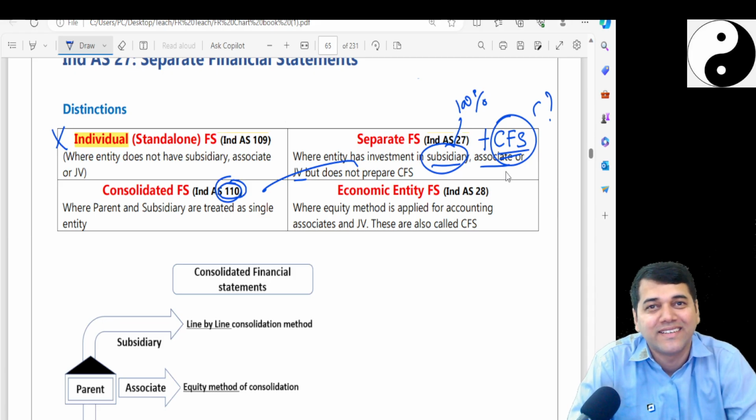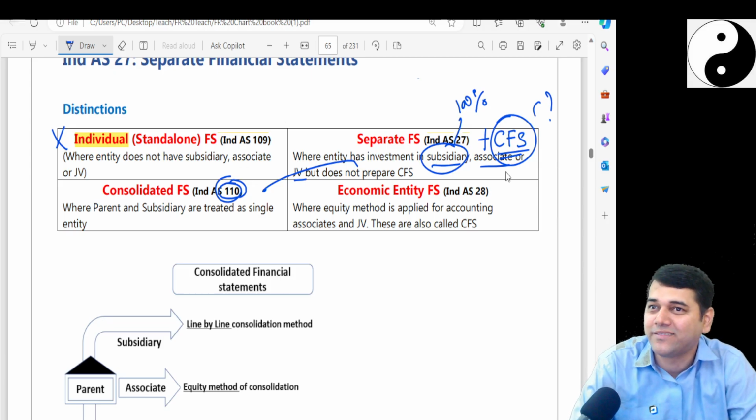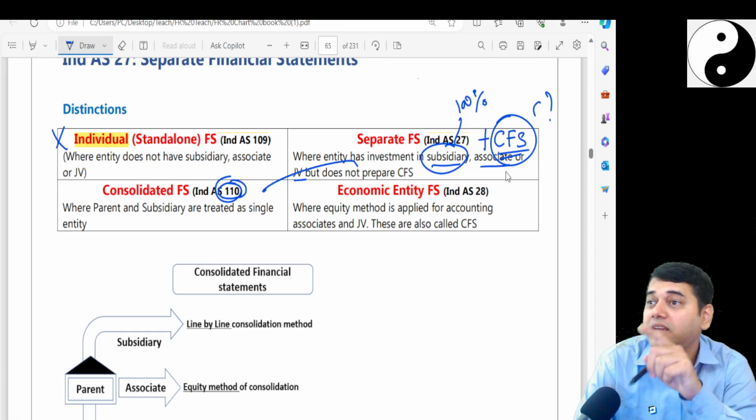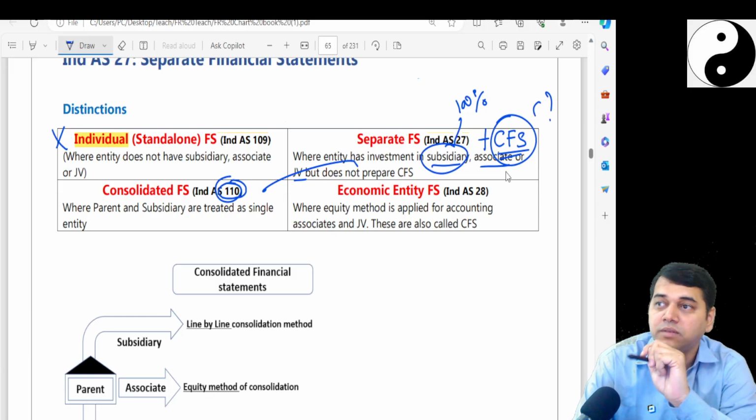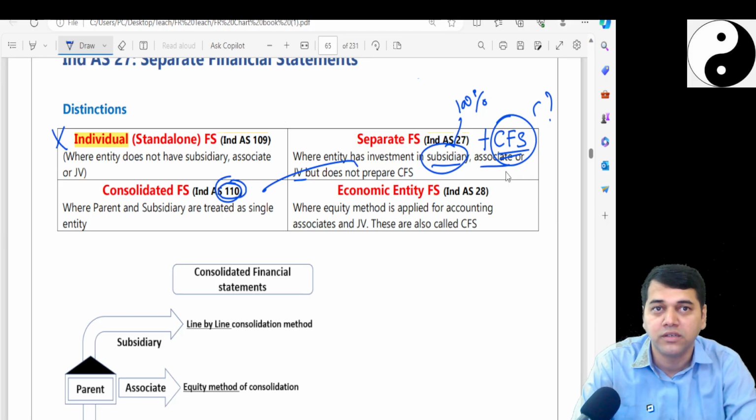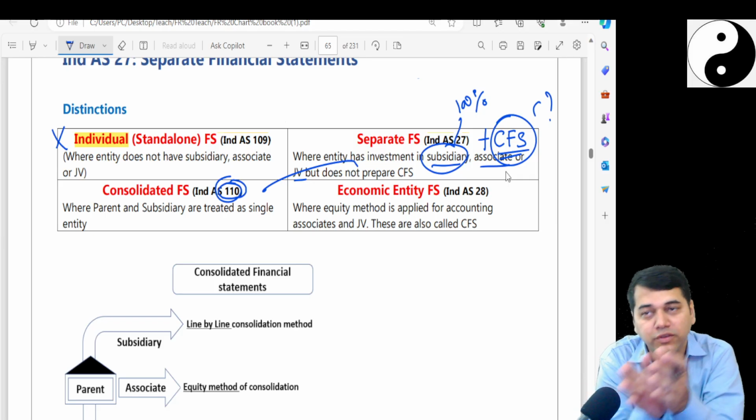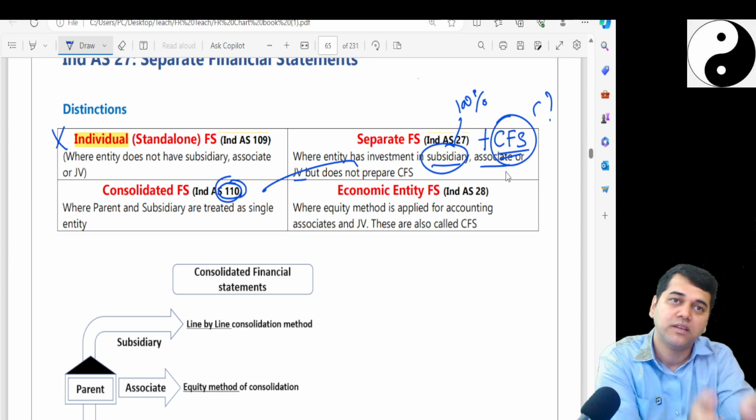Where? I studied, no? Section 128, books of account; section 129, financial statement. There it says that if you have a subsidiary or associate, they didn't say joint venture, but associate includes joint venture, you have to present consolidated financial statements along with your separate financial statement.